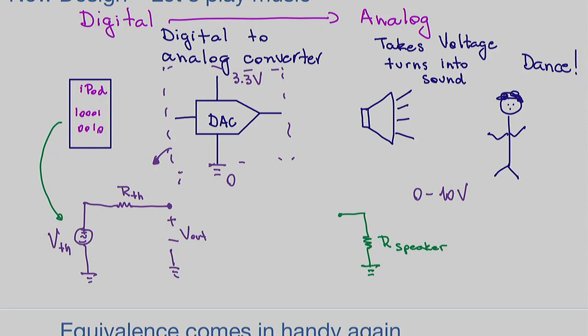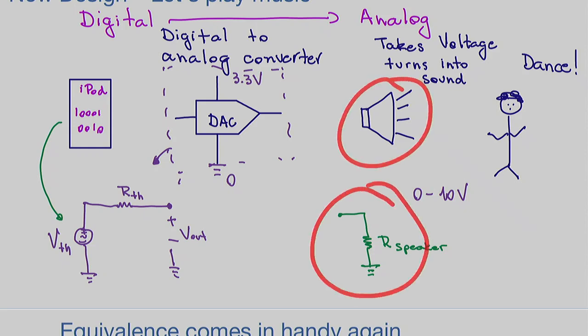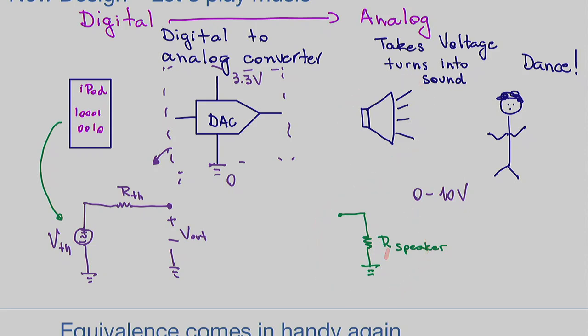So we have to make a decision on how to model the DAC, because this output here is what you're going to feed into the speaker. So this output needs to give you between 0 and 10 volts. Okay, then if I put an op-amp here, my circuit gets a bit more complicated, and the speaker, simple way for now.